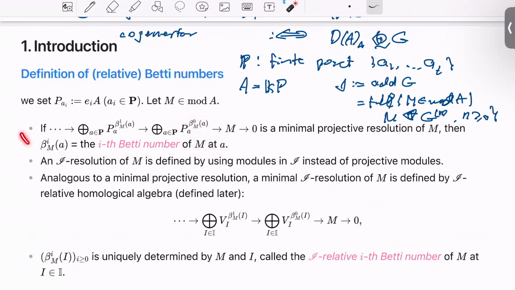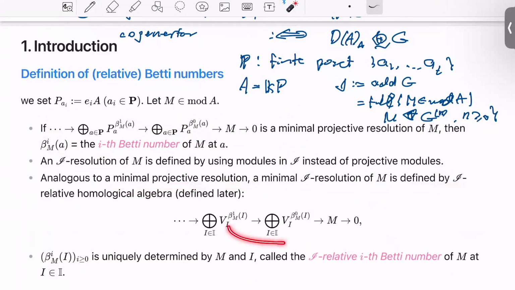This is the original Betti number, and the relative version is defined as follows. A resolution of M is determined by using modules in I instead of projective modules. Later I will explain more precisely. Analogous to a minimal projective resolution, a minimal I-resolution of M is defined.